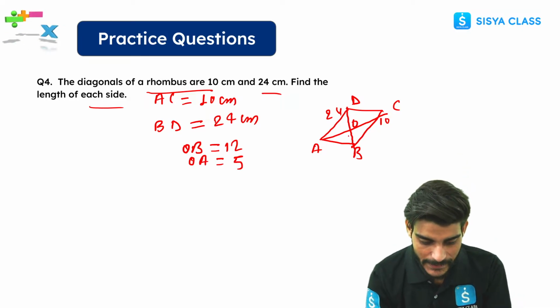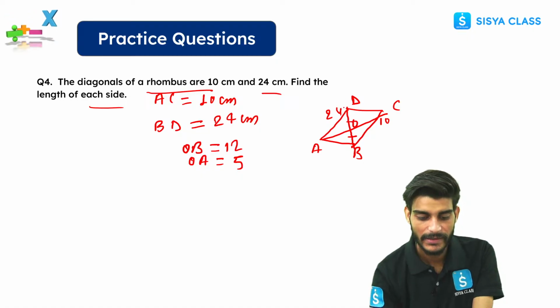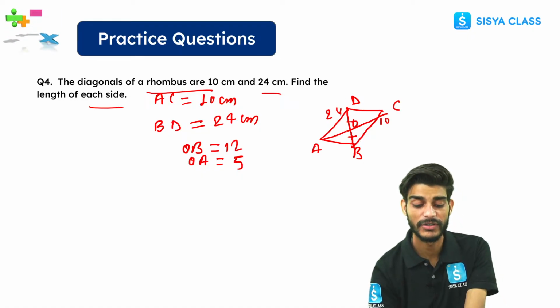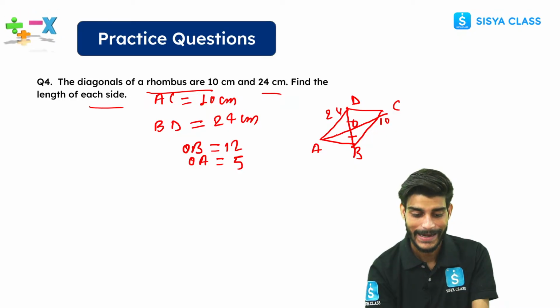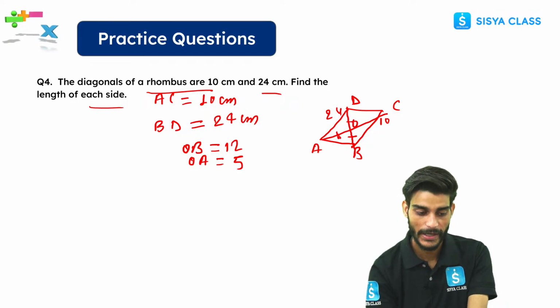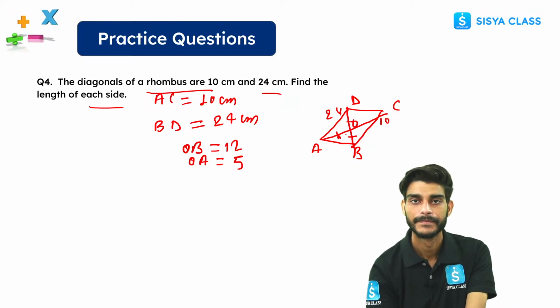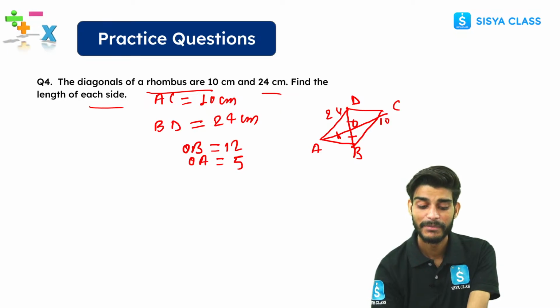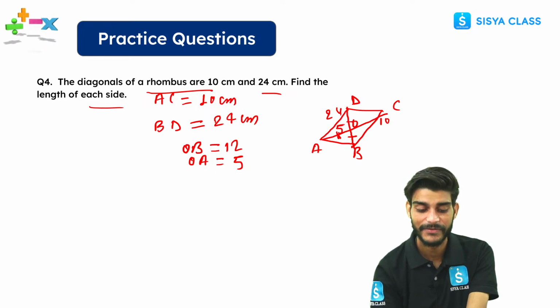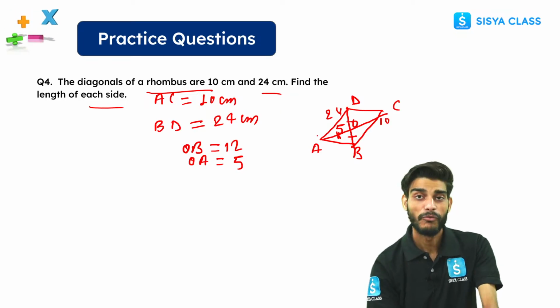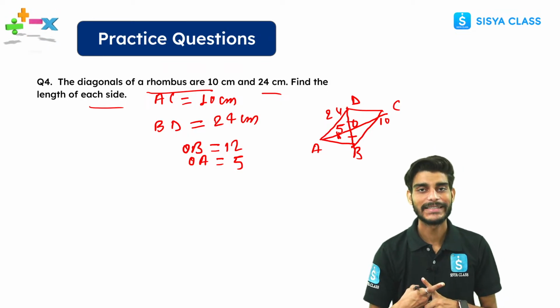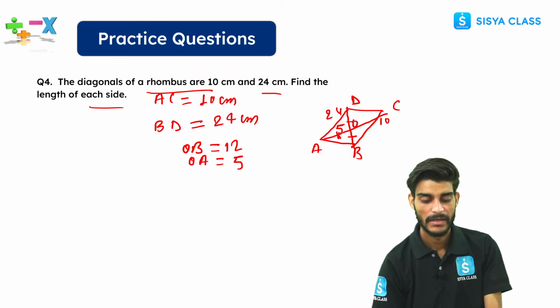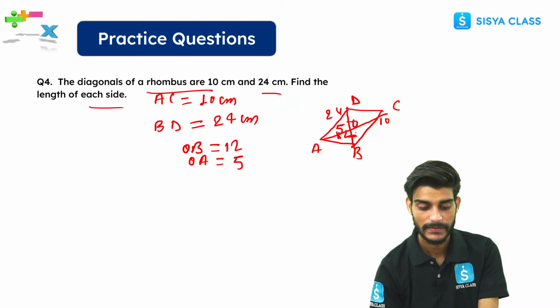Because diagonals bisect, if the whole BD is 24 centimeter, then this OB will be half of 24, that is 12, and OA will be half of 10, so this will be 5, right? Now one more property I'll apply here: diagonals of a rhombus intersect at 90 degrees. So this is 90 degrees here.